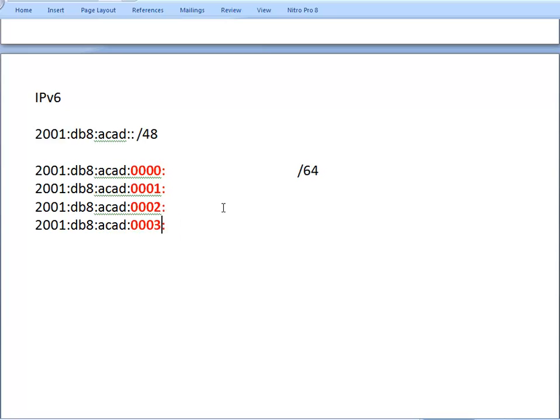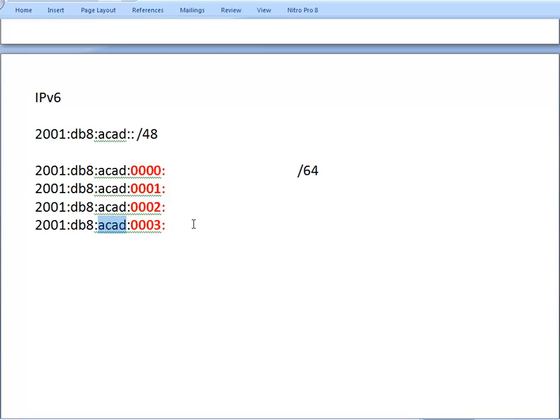You can continue making different subnets. You have 16 bits available, which is going to give you over 65,000 different subnets. This is what your ISP sells you. This portion here, the last 16 bits, is for you to create different subnets.